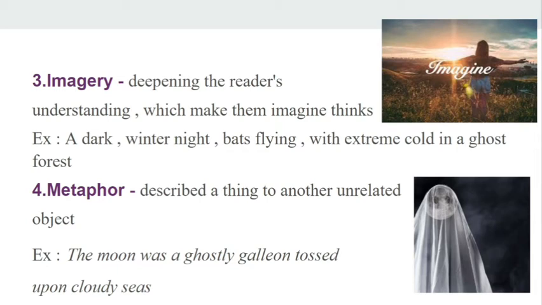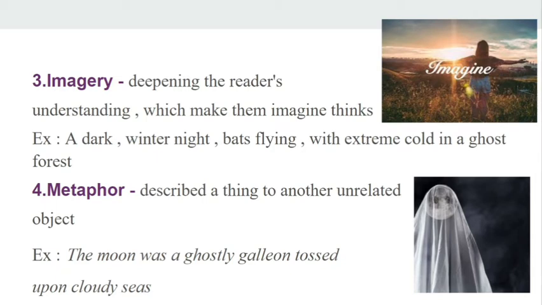So these words will let you imagine things. This will make you think about a dark night where there are bats flying with extreme cold and of course the ghost forest. So this kind of poetic device is known as imagery.